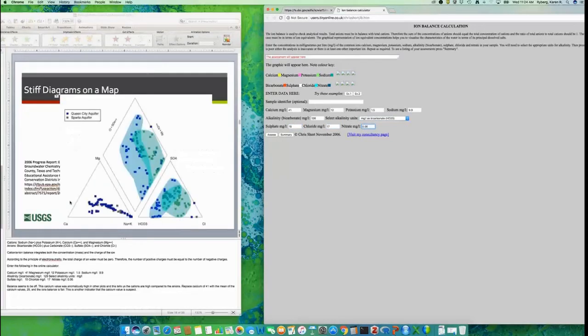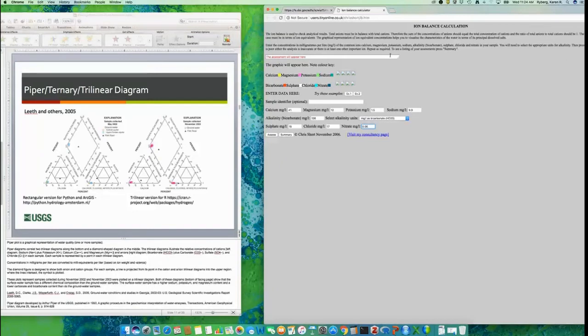So this converts to milliequivalents, based on atomic weight and the valence of the ions. And these are the major cations: calcium, magnesium, potassium, sodium. These others are the major anions. Their milliequivalents should be approximately equal, or their ratio to each other should be approximately 1.